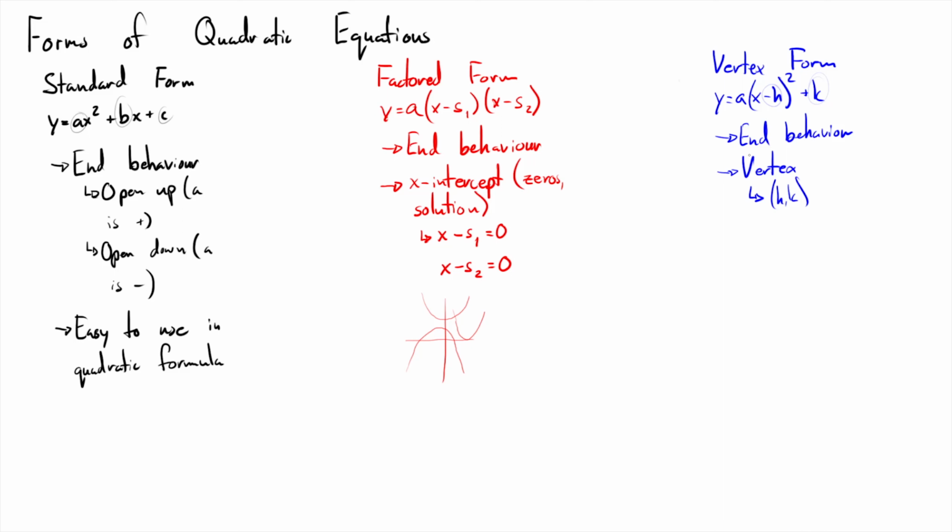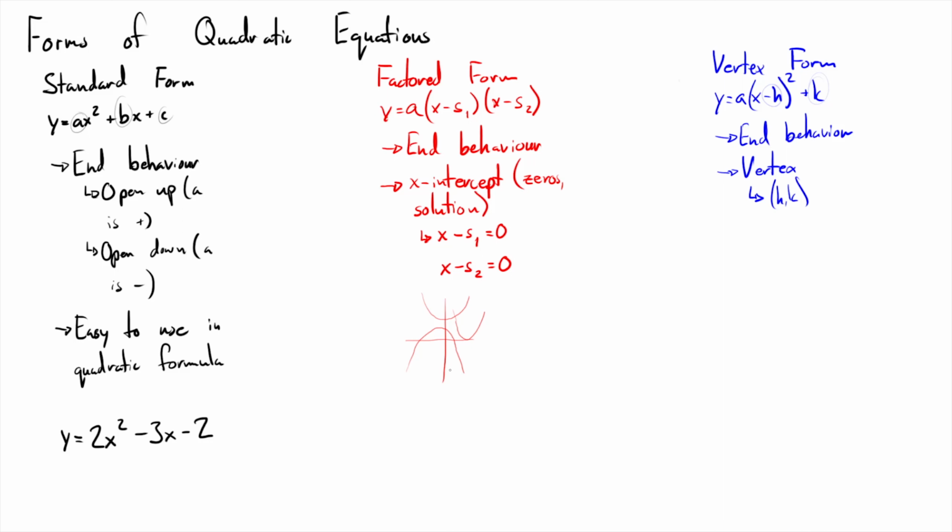Okay. And the last thing that I just wanted to mention here is I wanted to write out a quadratic equation in all three of these forms, and you'll see how much it differs. So in standard form, we have a quadratic equation, and it's going to look like y equals 2x squared minus 3x minus 2. That's our quadratic equation.